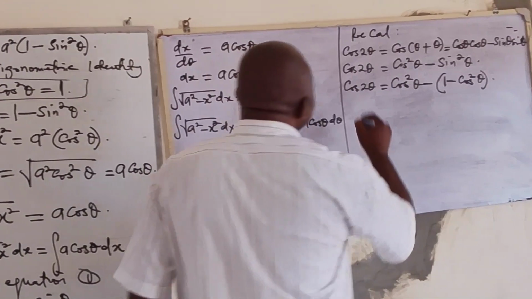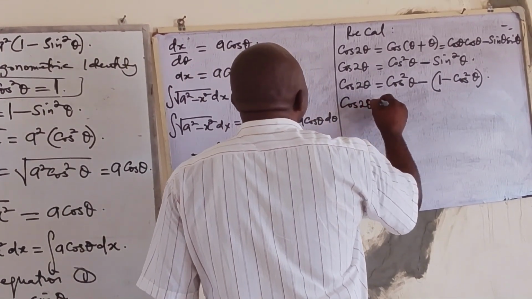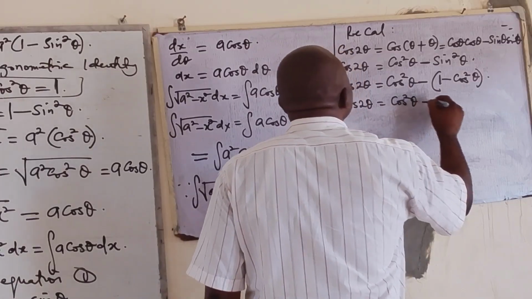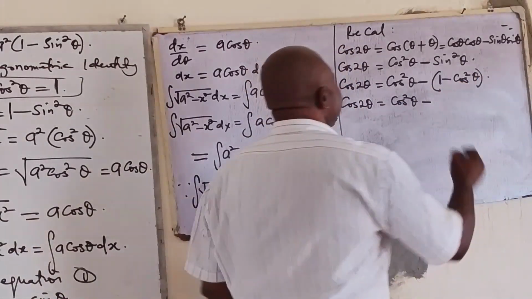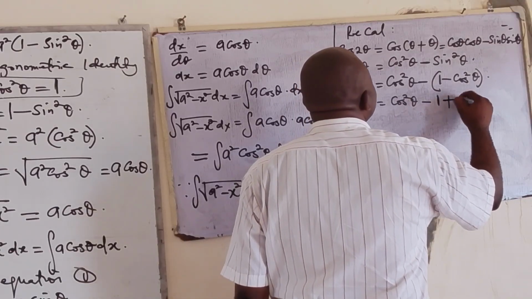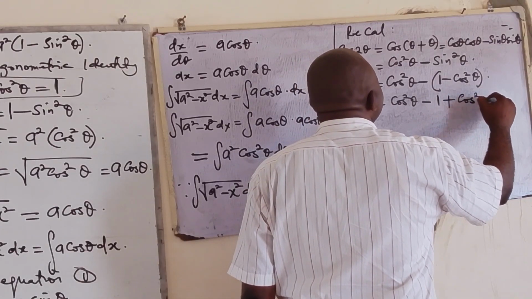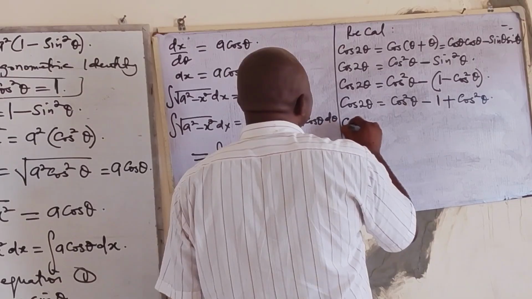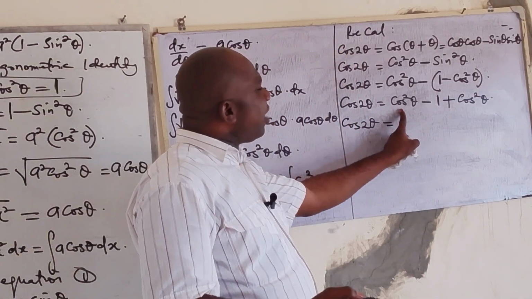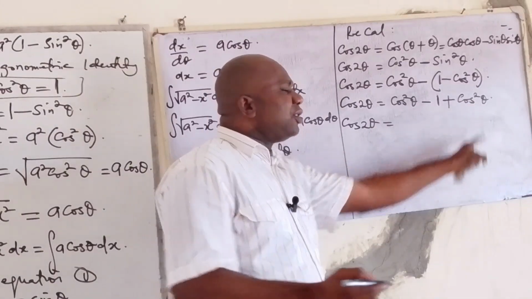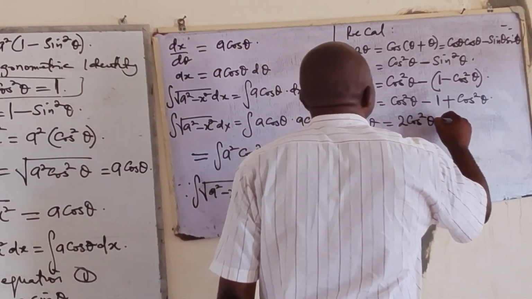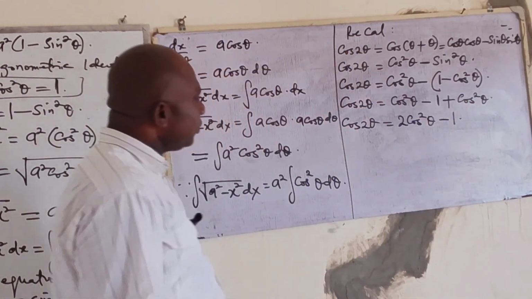So cos 2 theta will be equal to cos squared theta minus, opening the bracket, 1 minus cos squared theta. Minus times minus is plus, so we have another cos squared theta. So cos 2 theta equals 2 cos squared theta minus 1.